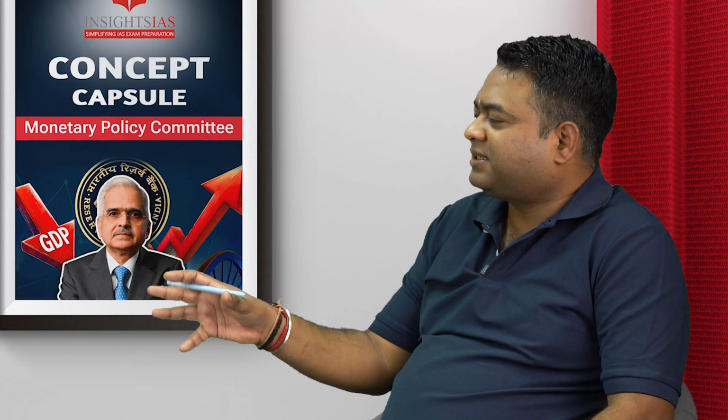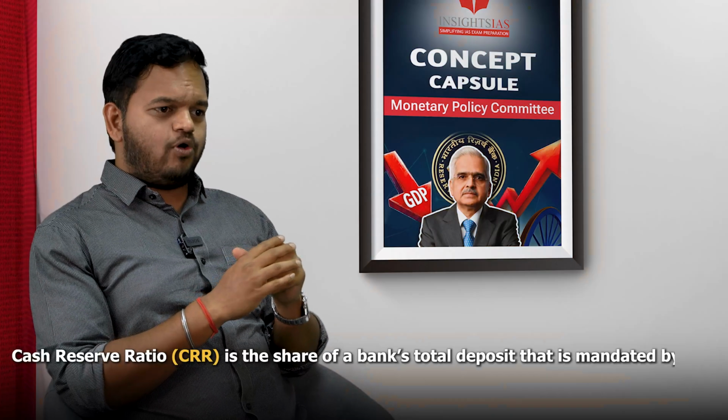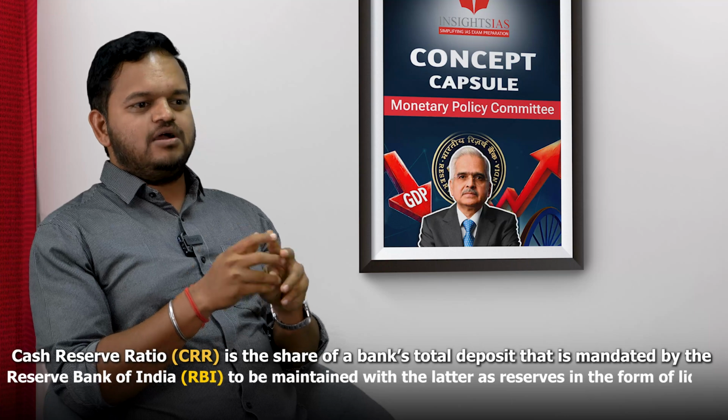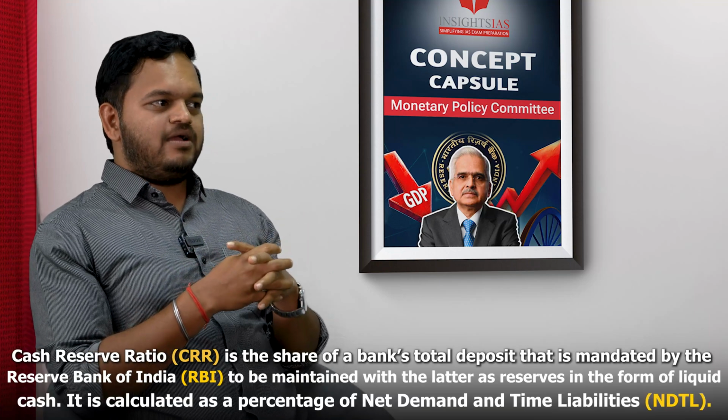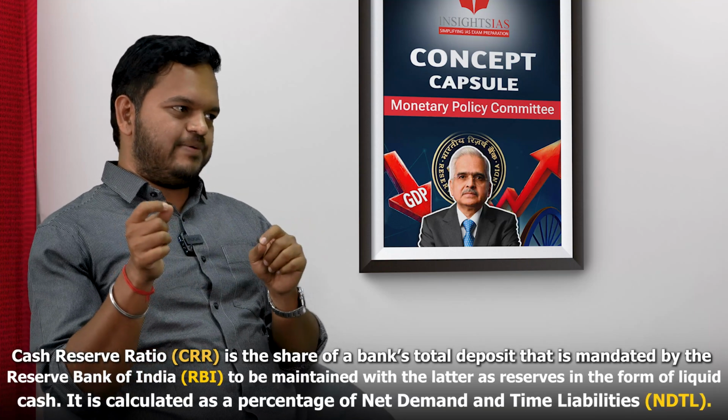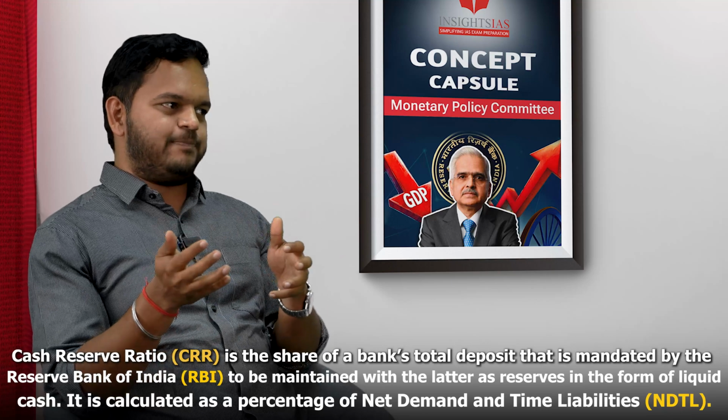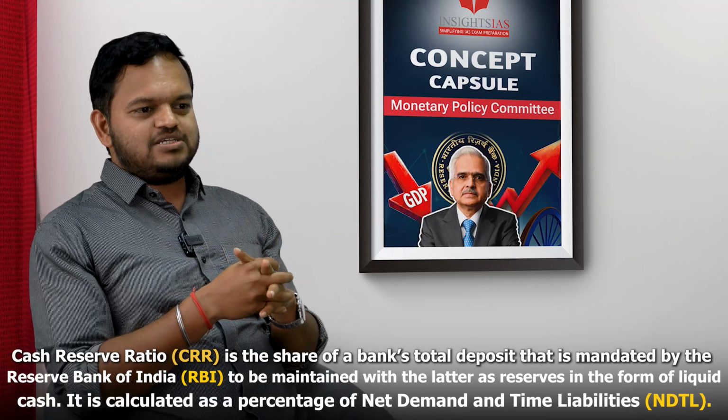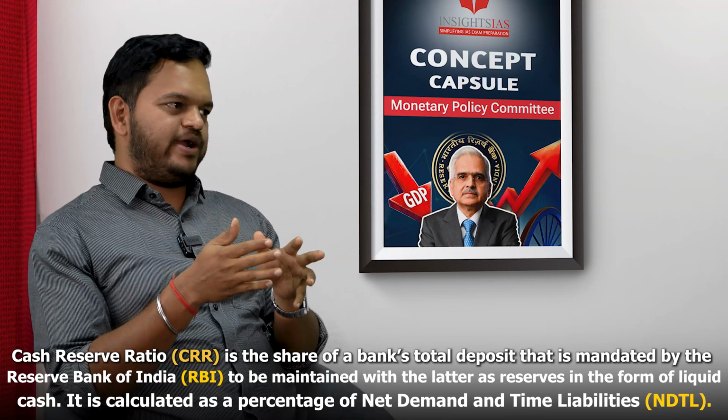Again, RBI is in the position that they did reduce the CRR. What do you think would be the impact? Yeah, that's a good point. Cash reserve ratio is a tool that is there with the MPC to manage the liquidity in the market. CRR means the proportion or percentage of the net demand and time liabilities of a bank to be kept with the RBI in terms of cash. Correct. So RBI reduced the CRR from 4.2 to 4%.